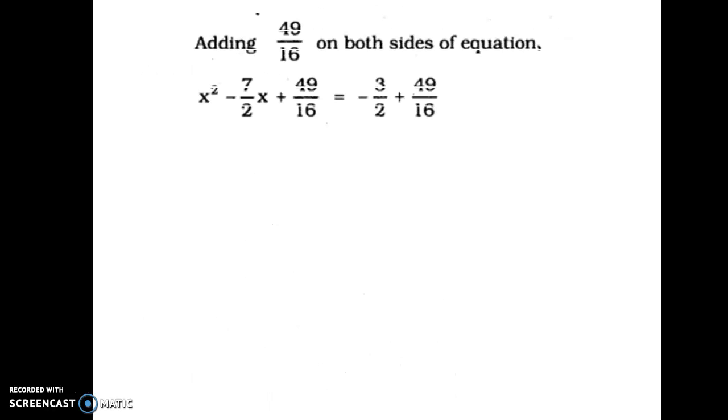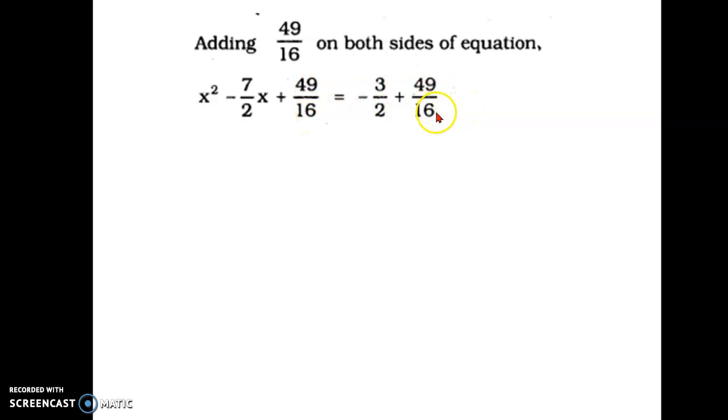For that, what we found now, b by 2 the whole square, we are going to add on both sides of the equation. Both on LHS and RHS I am going to add 49 by 16.